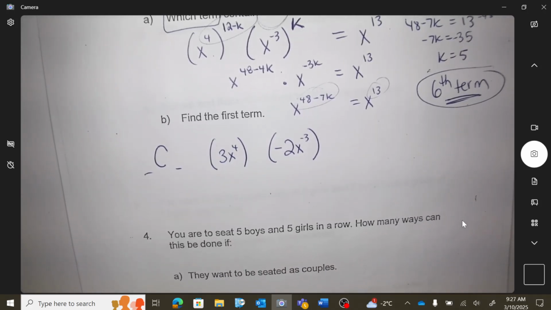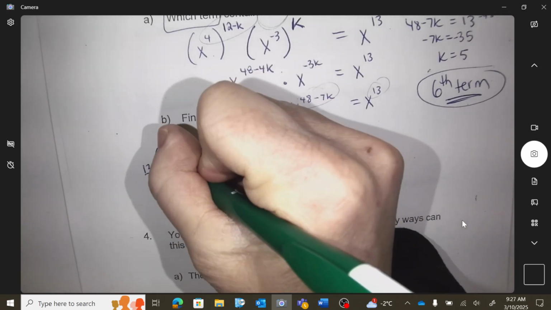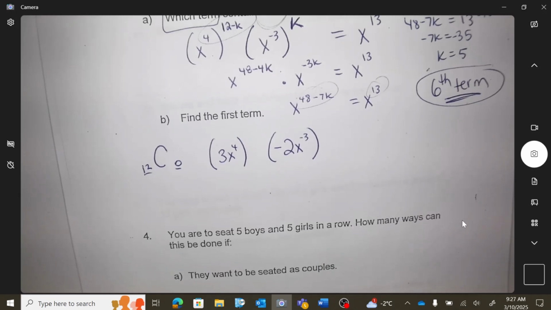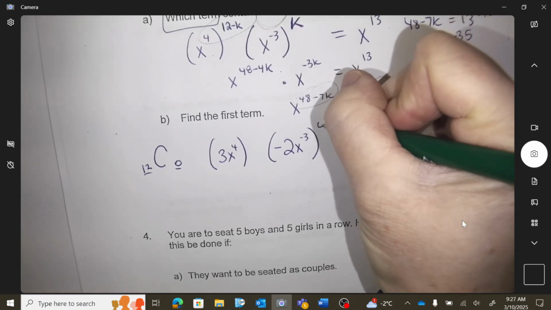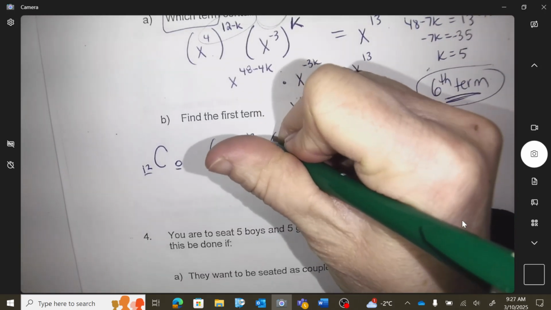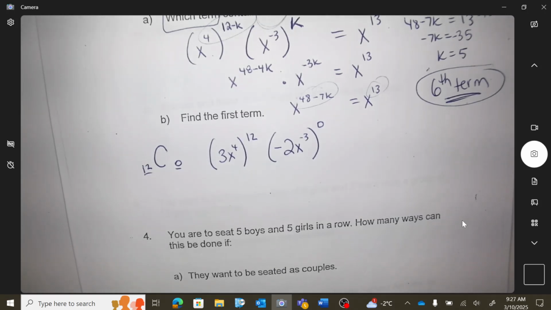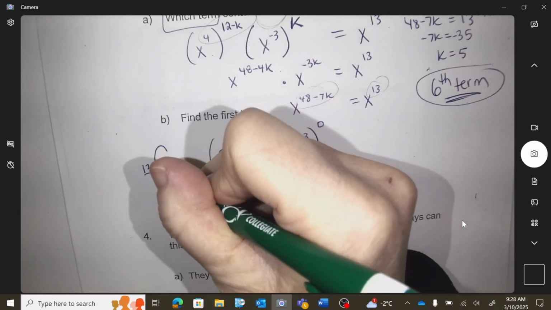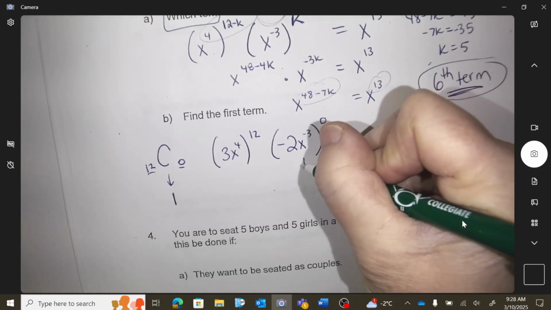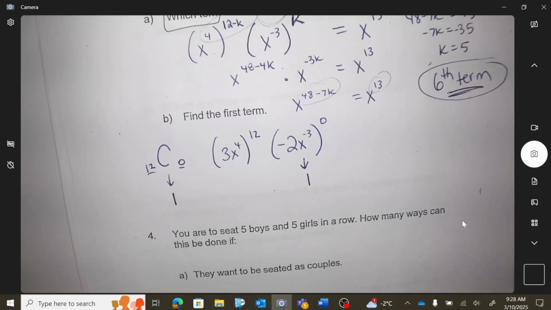What choose what? 12. That's your exponent. Choose. So if I'm on the first term, I would like to choose 0. I'm lower. So therefore this is 0 and this is 12. Okay, so this value is 1. This value is 1 as well.